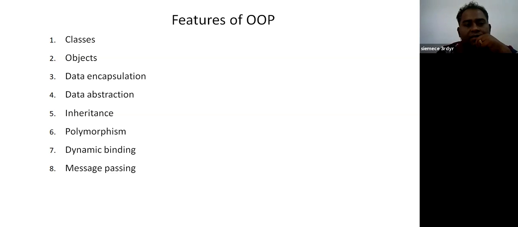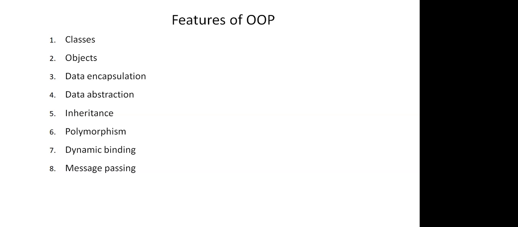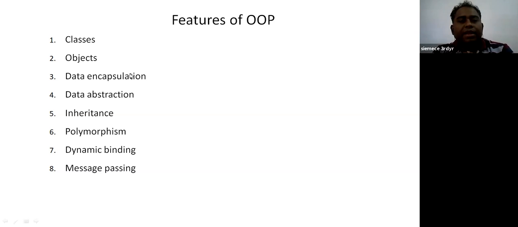Is it clear? Yes, sir. Okay. Now, data encapsulation: just now I explained all about the visibility control, the access specifiers, that is public, private, and protected. That is known as encapsulation.